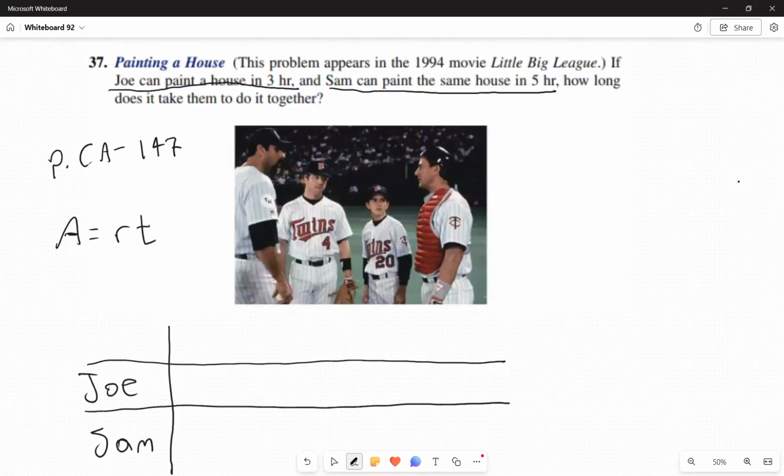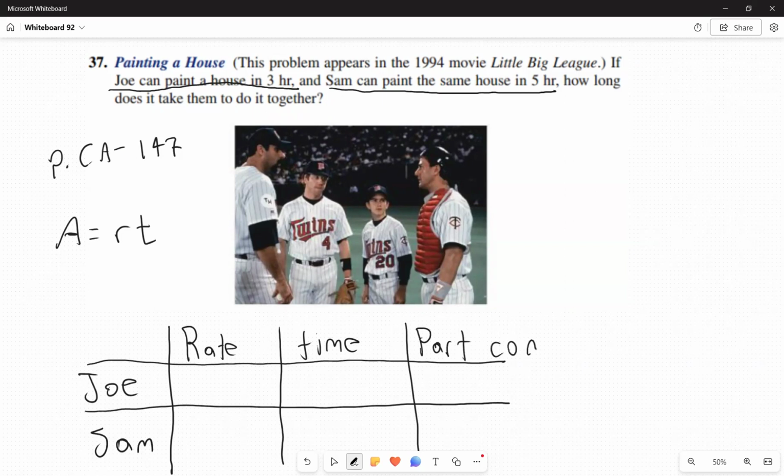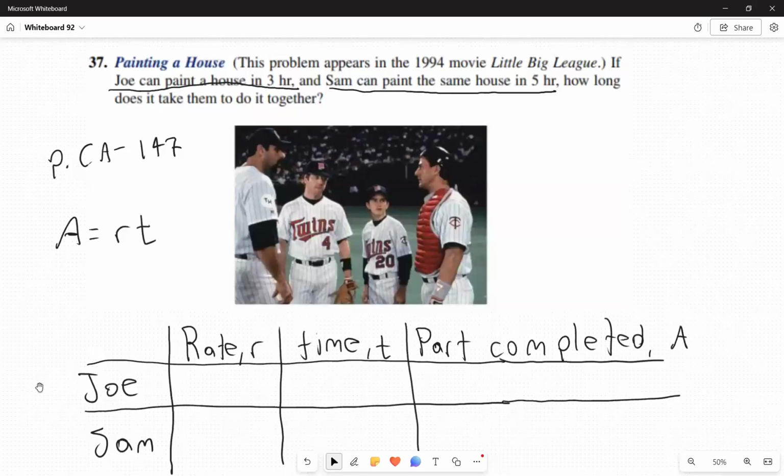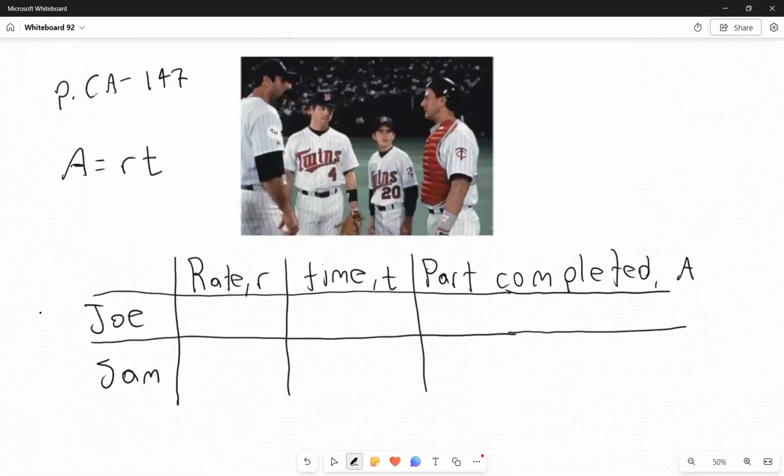Okay, so we have the variables: the rate is R, the time is T, and the amount or part completed is A. So these are R, T, and A. Joe's rate of work is 1/3. Sam's is 1/5.